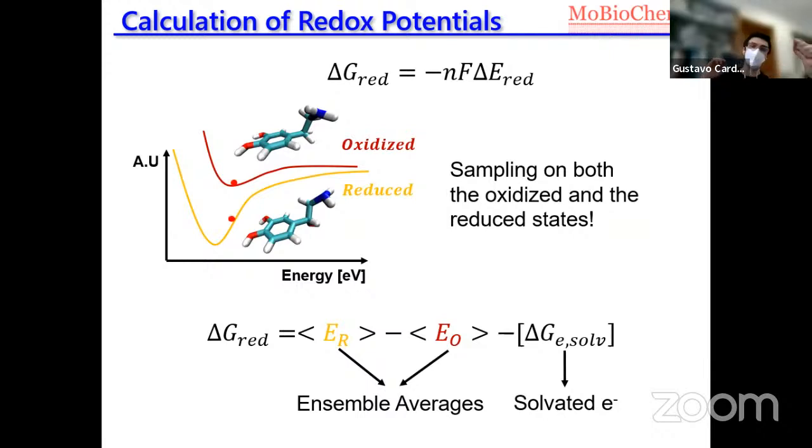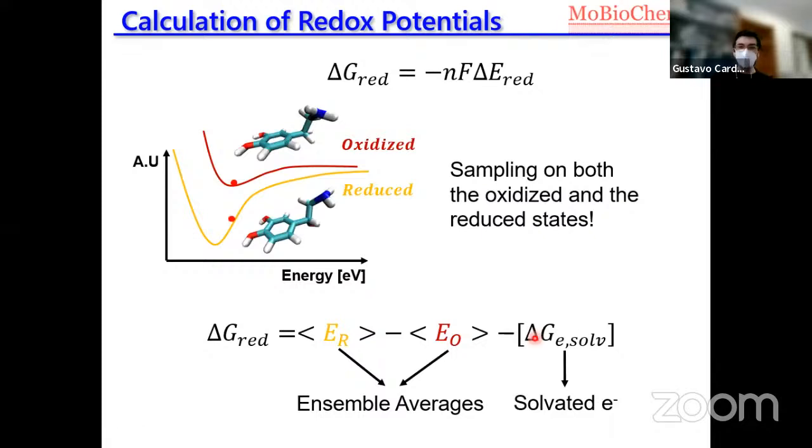And this means that we not only have the molecule in the reduced state and the molecule in the oxidized state, but we also have this electron, which when it leaves the molecule is somewhere else and is solvated by the rest of the environment. So this is this energy here. This has to be put whenever we consider half oxidation or reduction reactions.